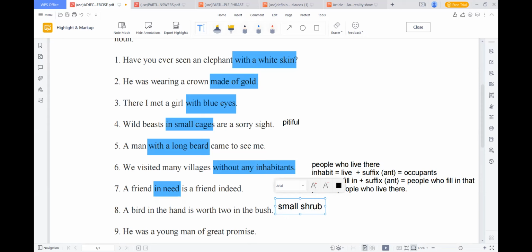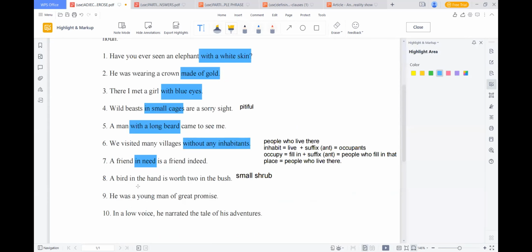Do you know what a preposition is? Like in, with, without. All these are called prepositions. In the hand. Yes, a bird in the hand. And then another one, in the bush. Good job.